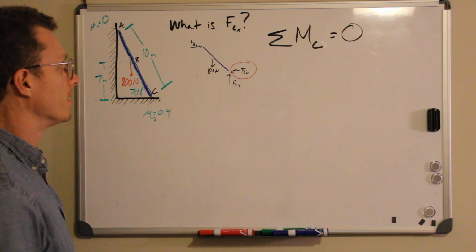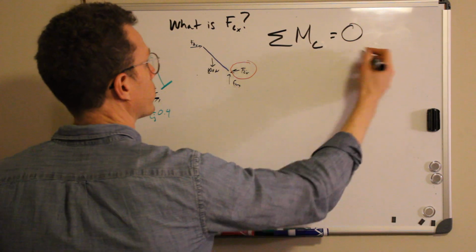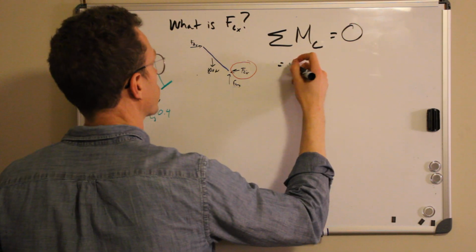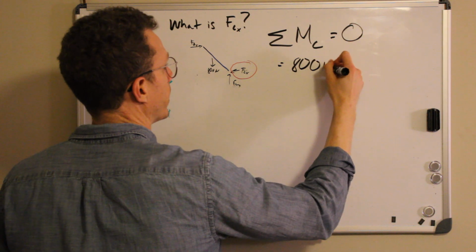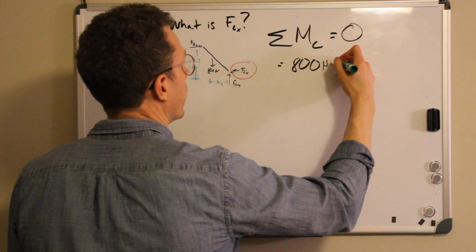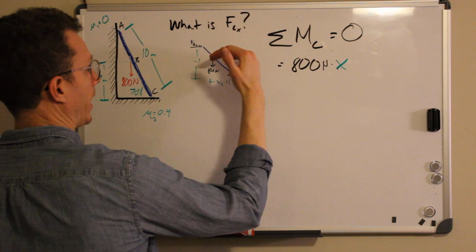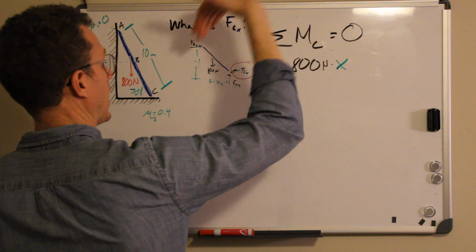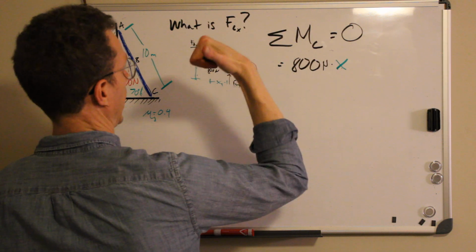So how do I get the force at A? We'll say the sum of moments equals 0 equals 800 newtons times the distance X, which we need to get, right? So right hand rule, I'm going to call 800 newtons going down, curling the ladder this way, coming out of the board.